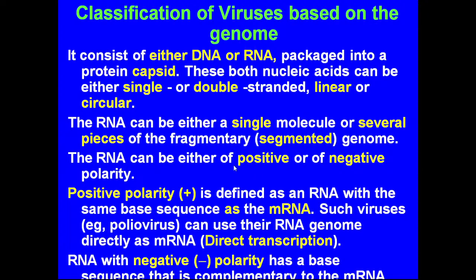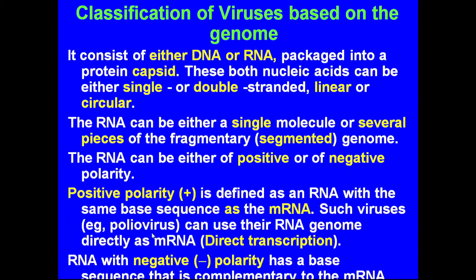Then the design of the single-stranded RNA also can be different. It can be a positive polarity or negative polarity. That is important. What do we call a positive polarity viral genome? It is defined as an RNA with the same base sequences as mRNA. Such viruses like polioviruses can use the RNA genome as mRNA.